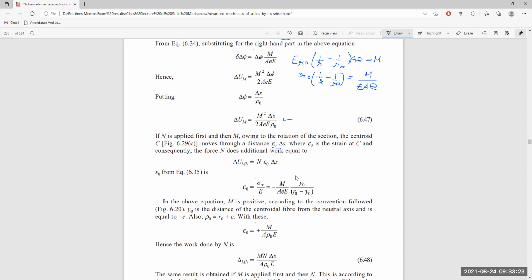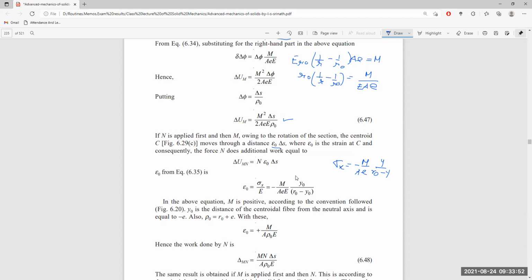Deformation done by this force is epsilon 0 delta S. And the equation we know, sigma x divided by E, where sigma x we already have from 6.35 as sigma x is given by minus M by AE multiplied by Y by R0 minus Y itself.